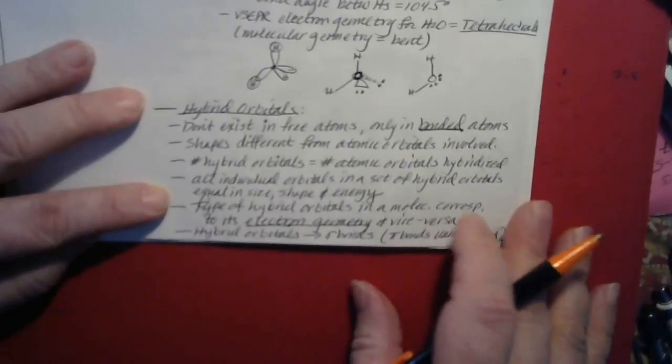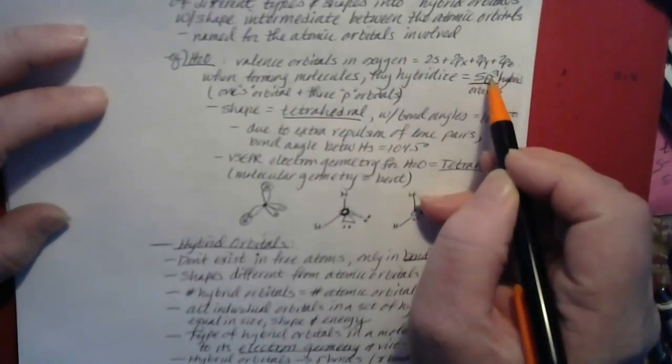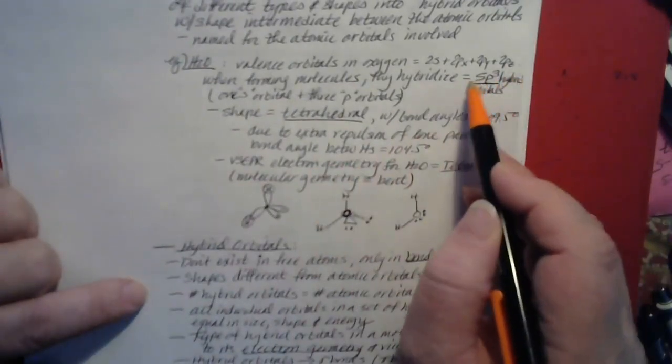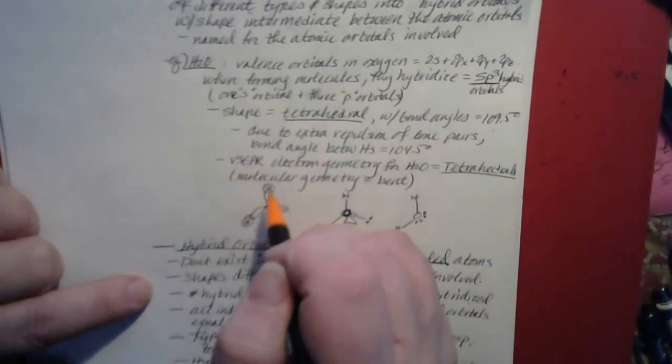And you can also get the number of individual atomic orbitals that are involved by looking at the name of the hybrid. Like in the sp3 hybrid, 1 s and 3 p's means that there are a total of 4 orbitals involved in that type of hybridization. And 4 orbitals means 4 pairs of electrons, or 4 regions of electrons anyway, around the central atom. And sure enough, sp3 has 4 orbitals involved in its name, and there are 4 regions of electrons around the central atom.